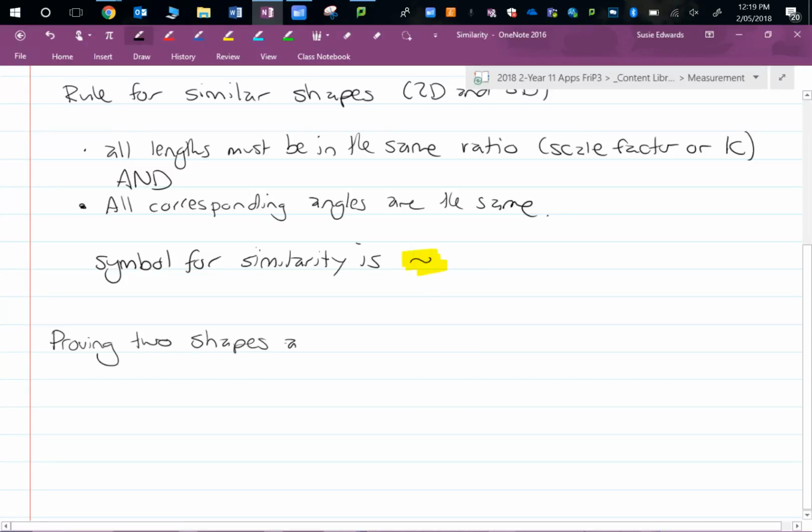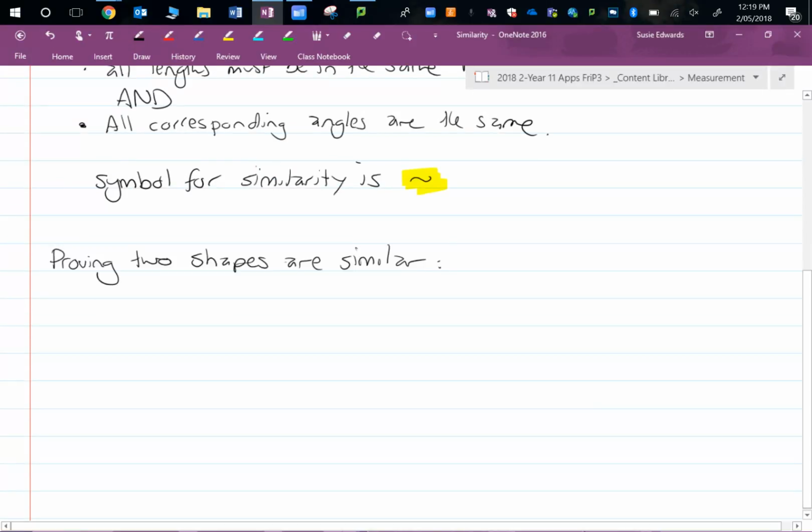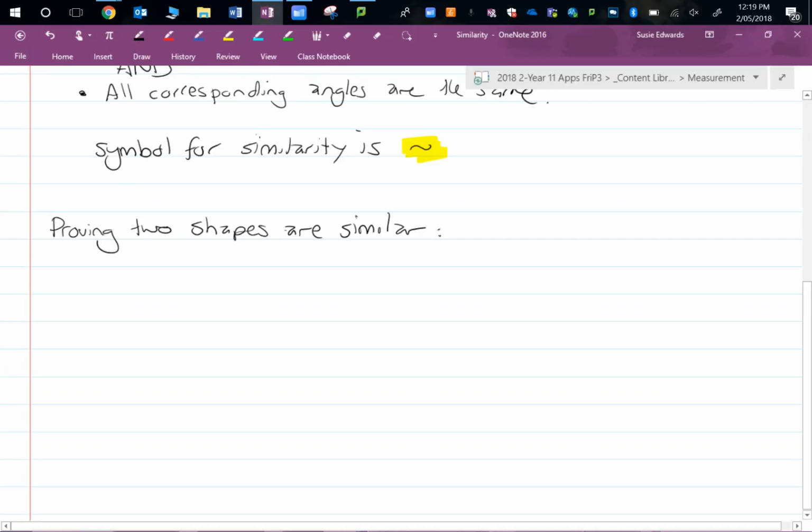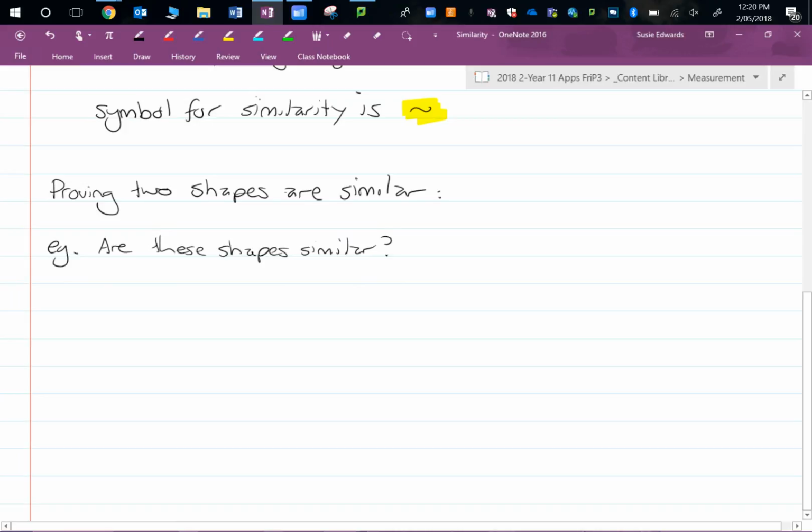I'll give you an example. The question would be, are these shapes similar? Or prove these shapes are similar? I'm just going to use an isosceles triangle.